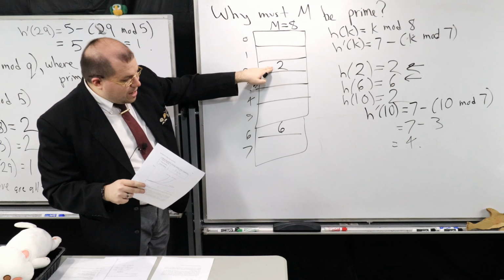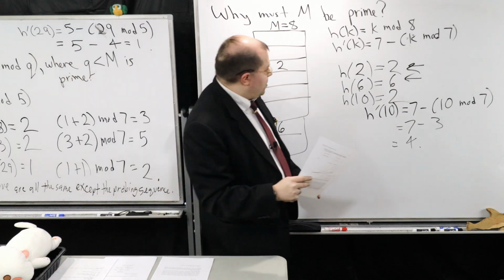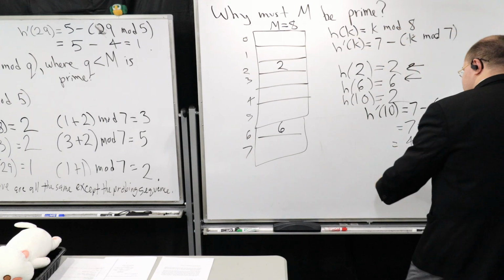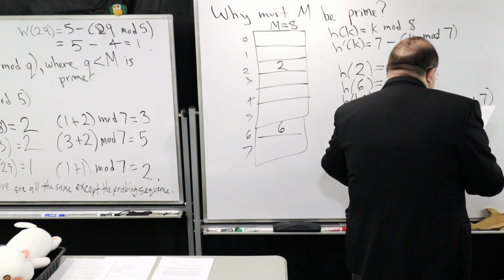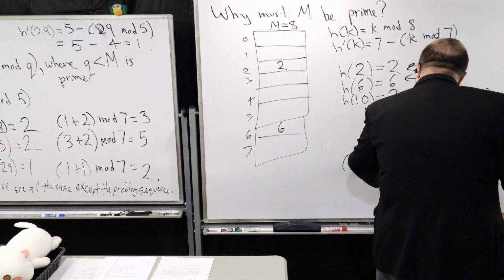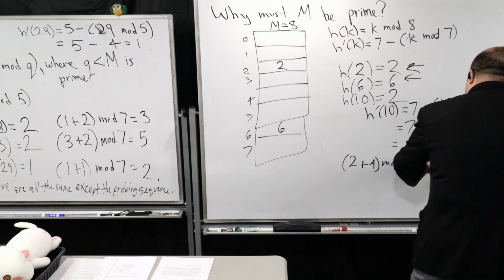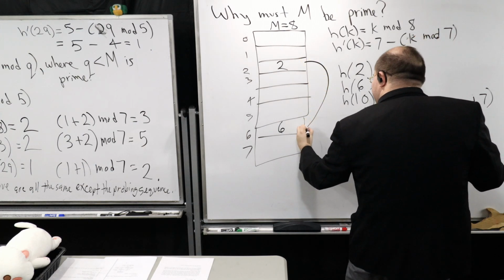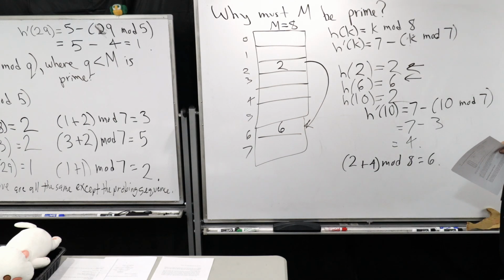I check here first, and then I'm going to perform the hop, but the hop tells me to go 4. So I would check 2 plus 4 mod 8, which is equal to 6, right? But there's something already in 6. So I make a hop over here, but there's something already there.